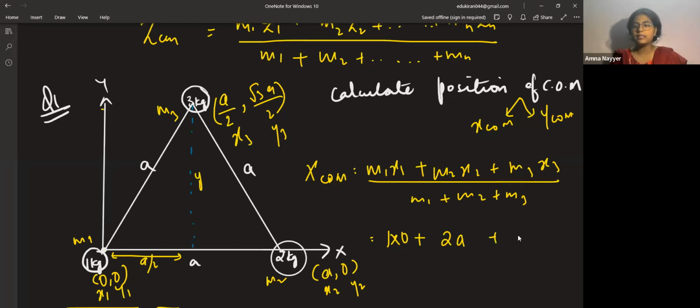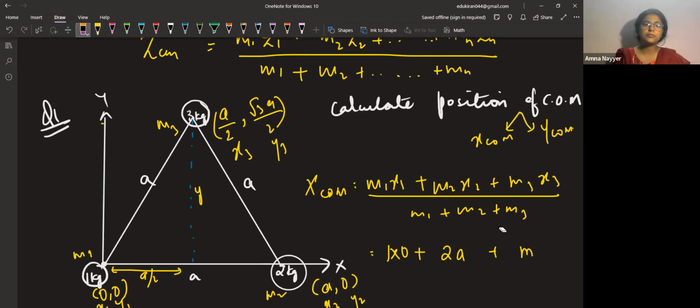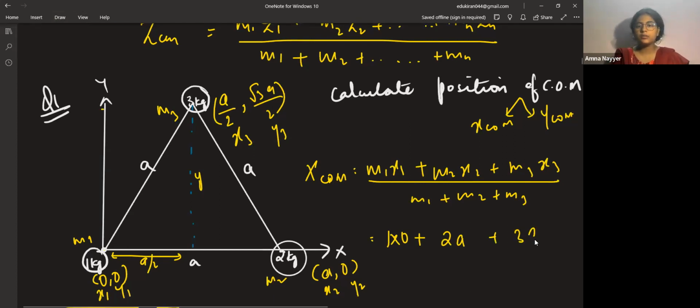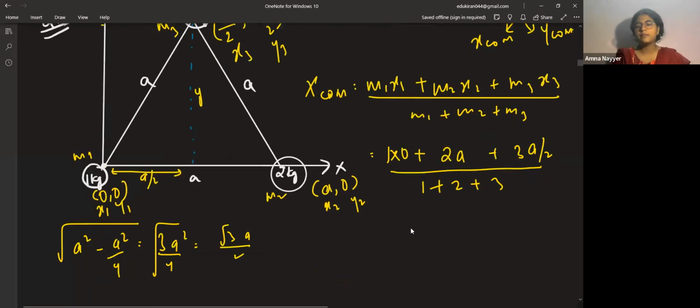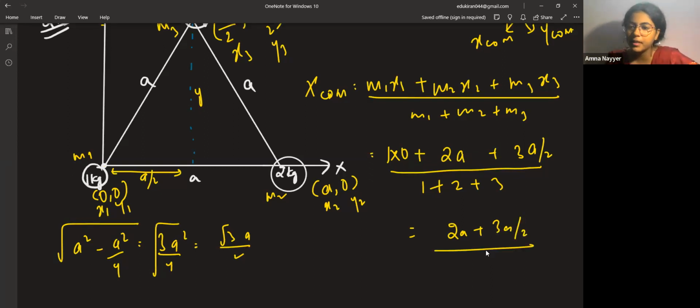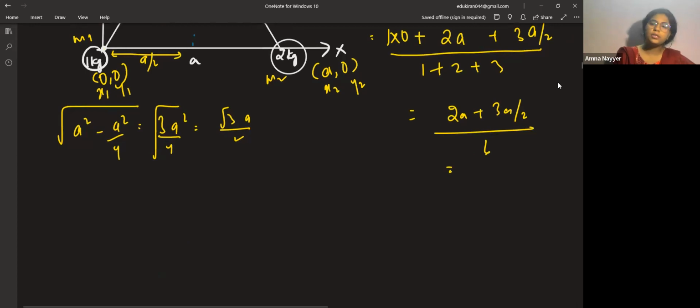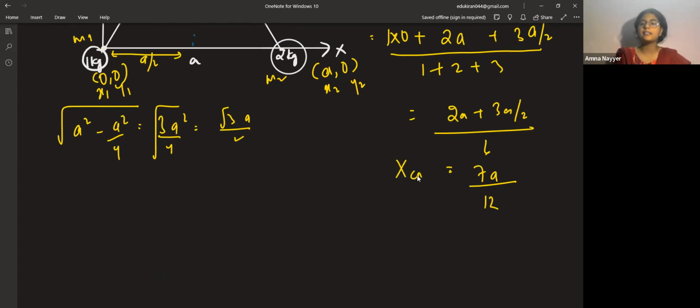So m3 into x3, that is 3 into a by 2, divided by 1 plus 2 plus 3. So this becomes 2a plus 3a by 2 divided by 6. Right? So 2 will come down, 12. So that becomes 7a by 12. That is x COM.